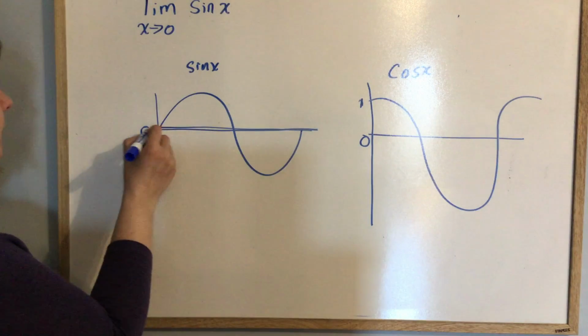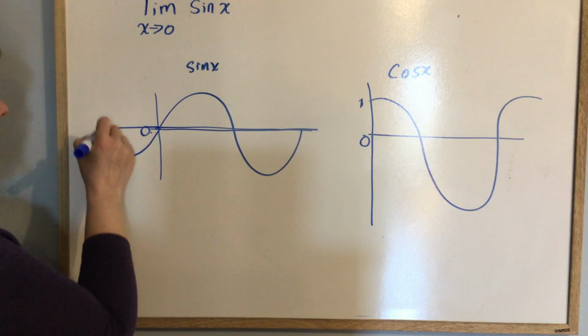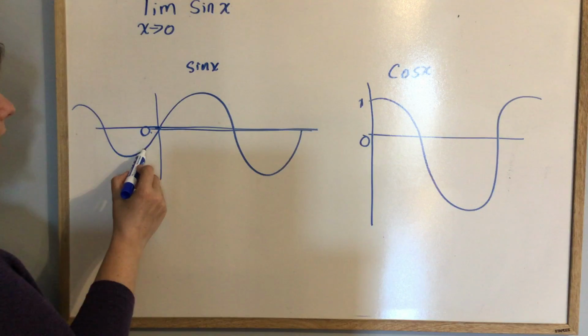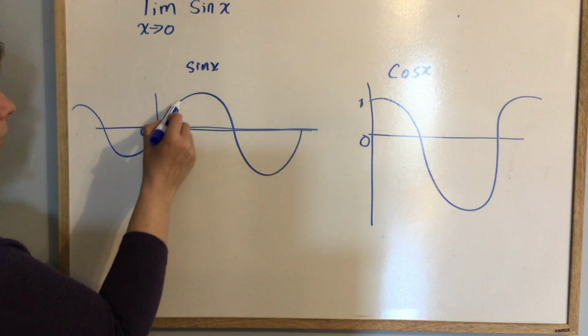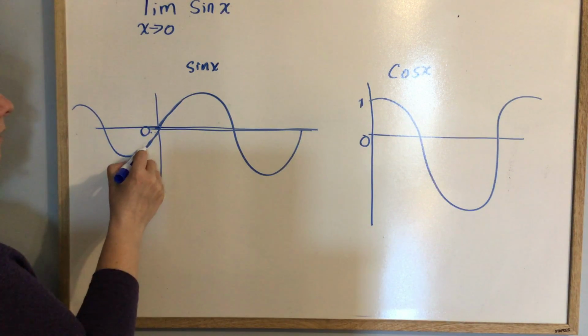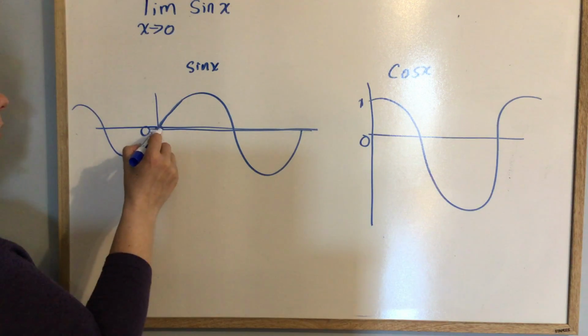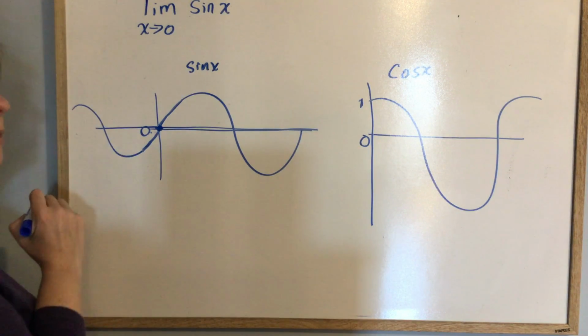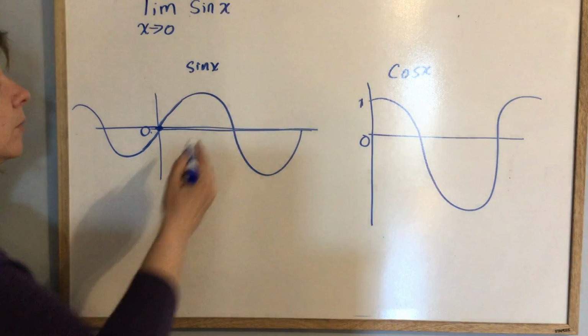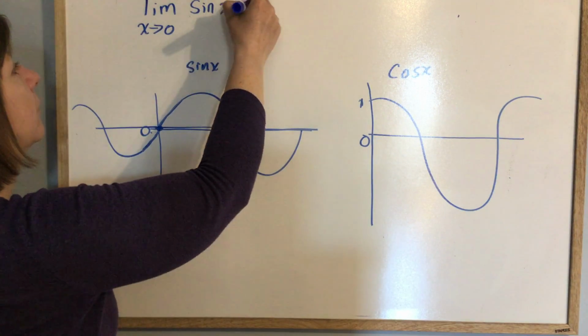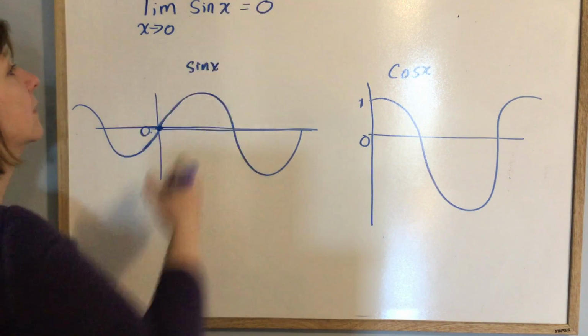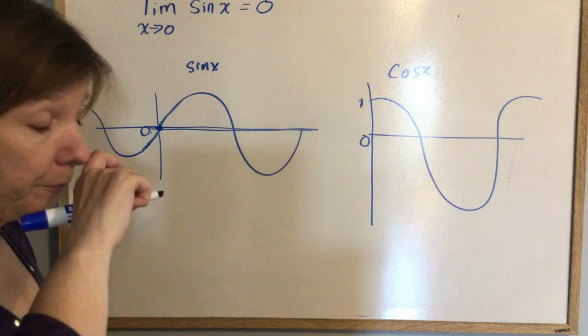And really just by looking at the graph, we can tell that as we approach 0 from either side, the y value is approaching 0. So my limit as x approaches 0 for sine x is 0.